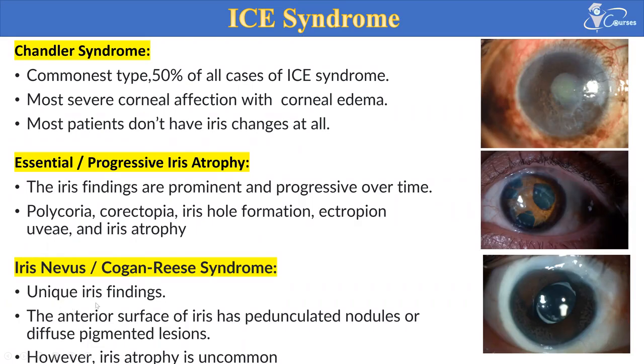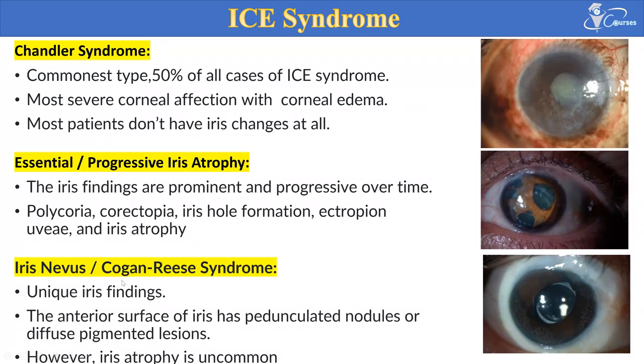A third variant is very characteristic. It's called the iris nevus or Cogan-Reese syndrome. In the iris nevus, there is a unique iris finding: the iris surface has pedunculated nodules, a nodular or mammillated surface of the iris, or it could be a diffuse pigmented lesion.